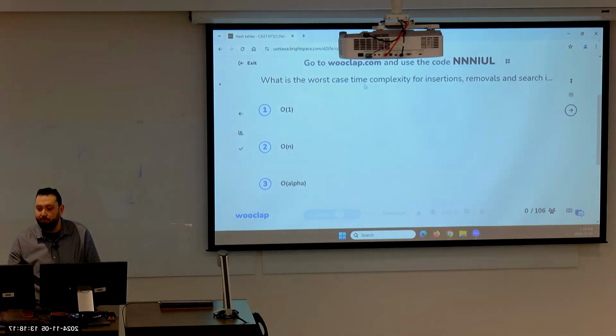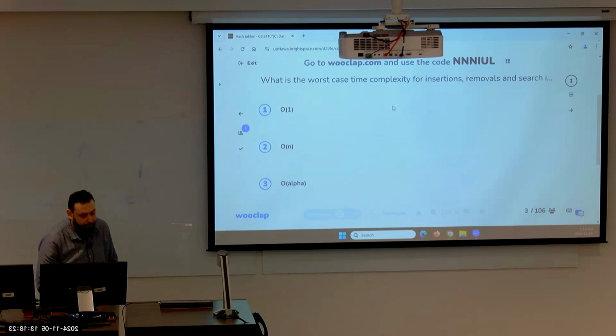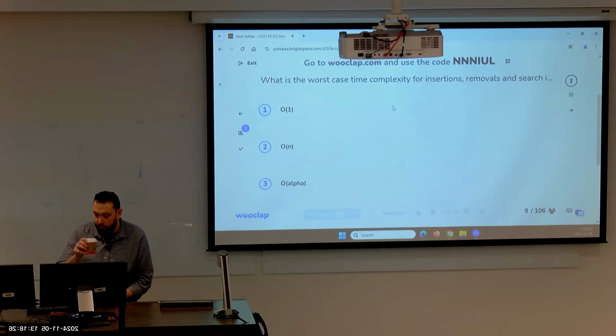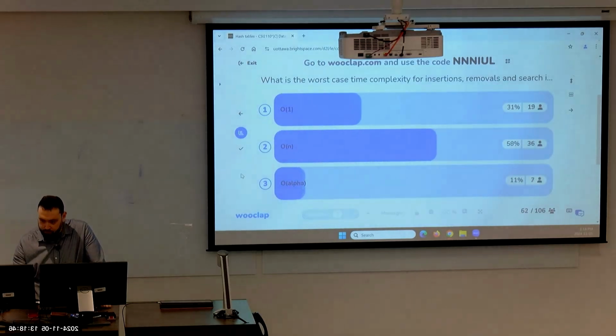So what is the worst case time complexity for insertions, removal, and search in a hash table? O of 1 or O of n?